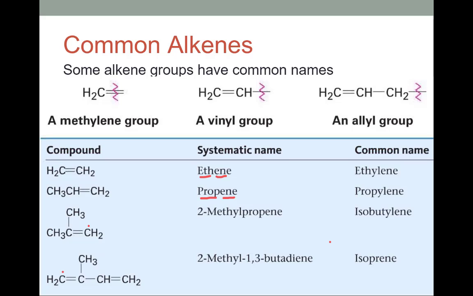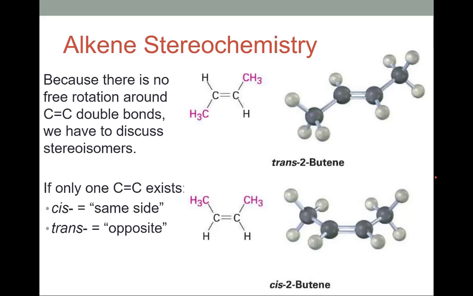All right. The last little bit that we need to talk about in terms of naming is here in terms of the rigidity of that functional group. Okay, so when we talked about alkanes, we didn't have to talk about conformations, right?